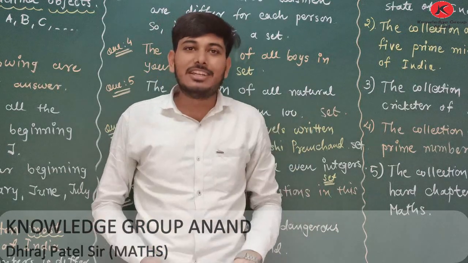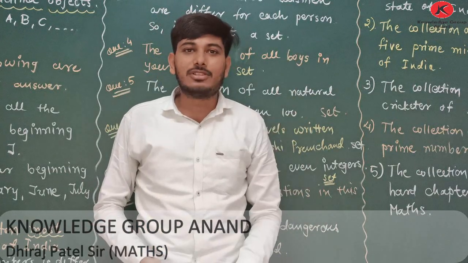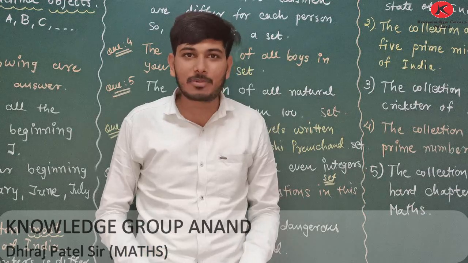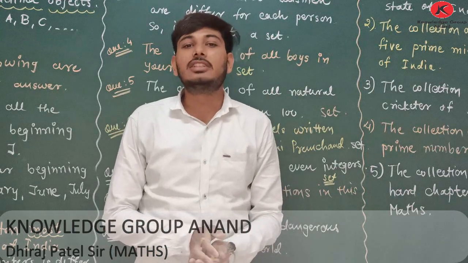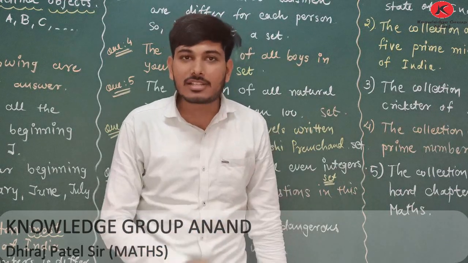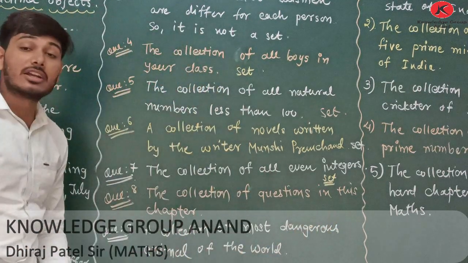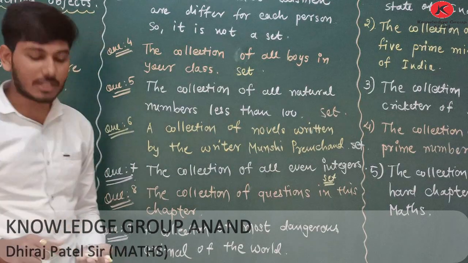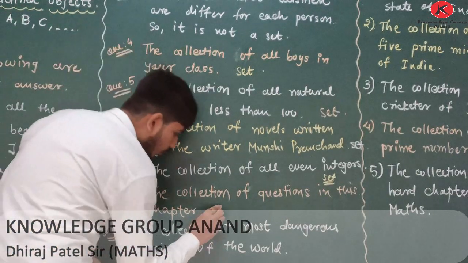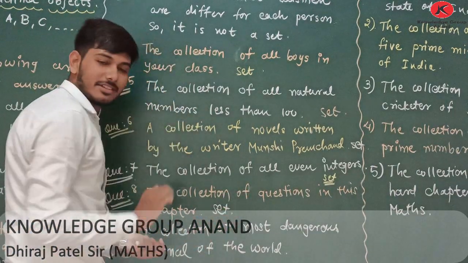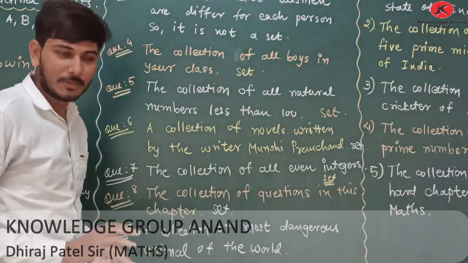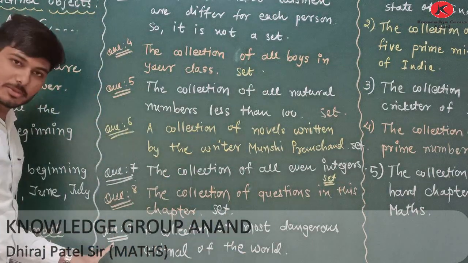Now I am counting the number of questions in this chapter, and it is also 53. Therefore, the collection of all questions in this chapter is a well-defined collection of objects. Therefore, it is a set.